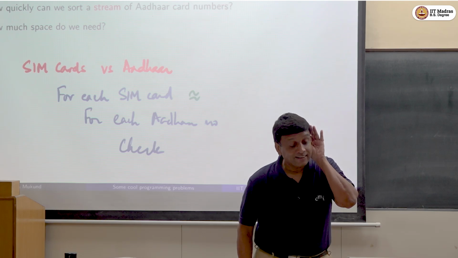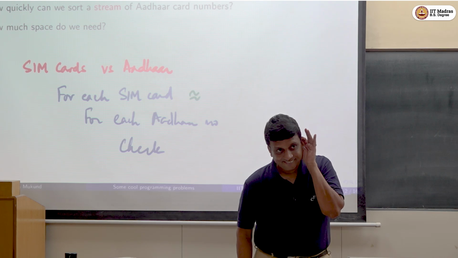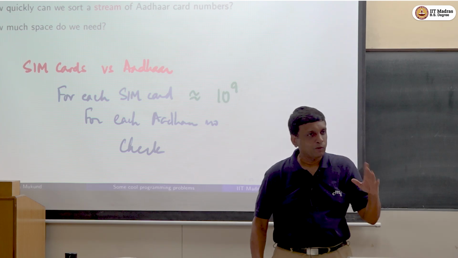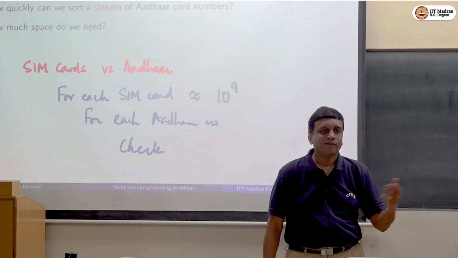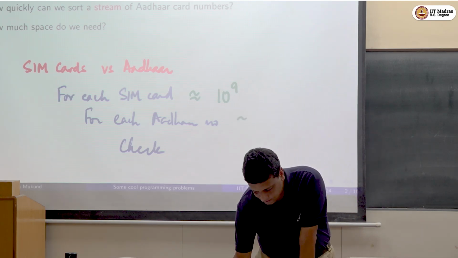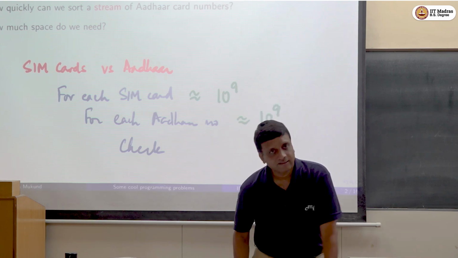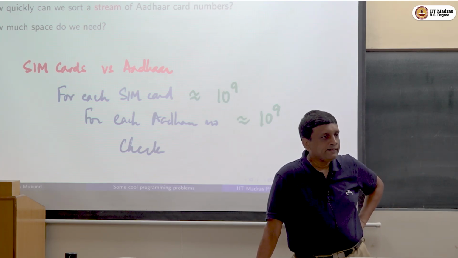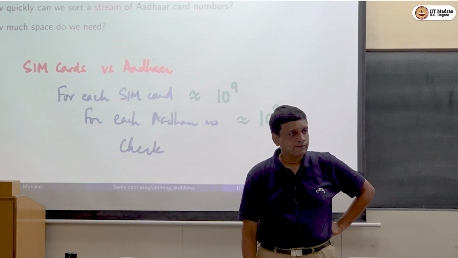What is n? It's about the population of India, roughly. It's not that everybody has one SIM card, but many people have 2 or more, and the number of SIM cards is roughly the population of India. How much is this? If you round off, this naive loop takes 10 to the 18 comparisons, and 10 to the 18 comparisons under any reasonable circumstances will take you several thousand years.